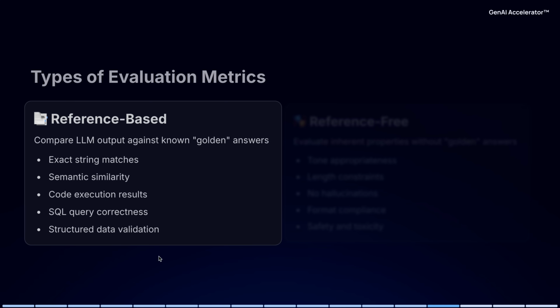You can do exact string matching, semantic similarity, code execution results, SQL query correctness, or structured data validation. These are easier to pull off because when you have a golden answer, when you know what the output should look like, it's fairly easy to create a test around that. And a lot of this can also be captured with level 1 evaluations using unit tests.